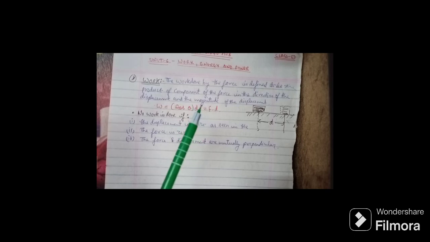So for the block moving on a smooth horizontal table, the gravitational force mg does no work, since it acts at right angle to the displacement. If we assume that the moon's orbit around the earth is perfectly circular, then the earth's gravitational force does no work, as the moon's instantaneous displacement is tangential, while the earth's force is radially inward and theta is pi by 2.